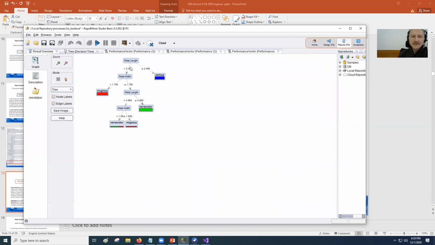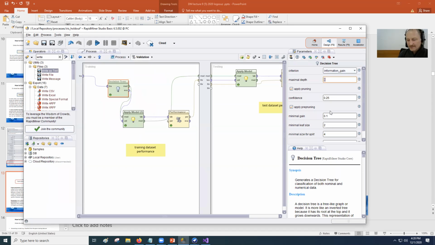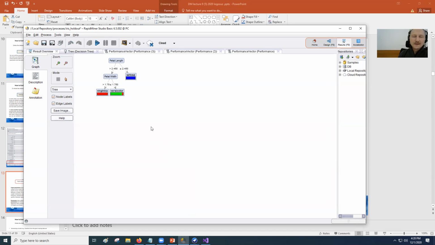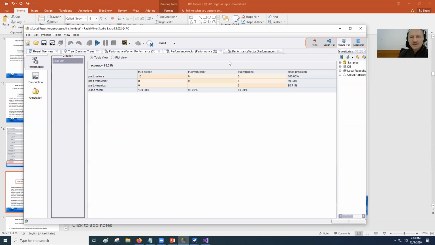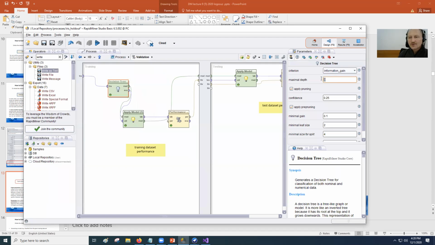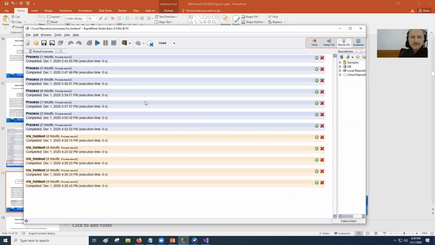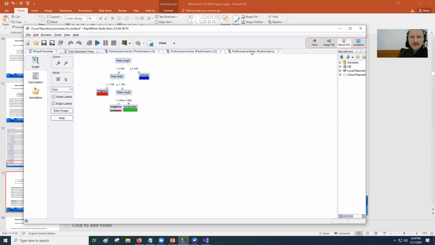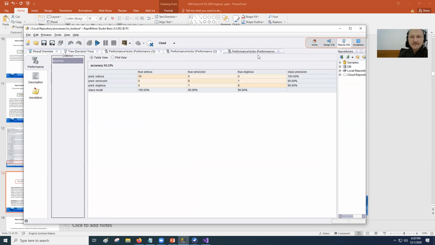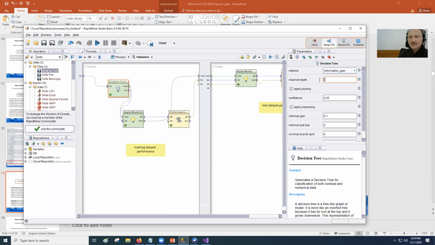How am I deciding this one? For example, if you choose 3 at the beginning, you should check the validation result, and then you should come here and tell 4, and run it again, and then it is better than this one. Yes, and then it is improving. This means you can use 5.